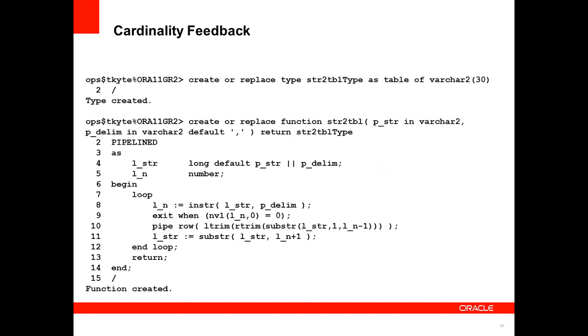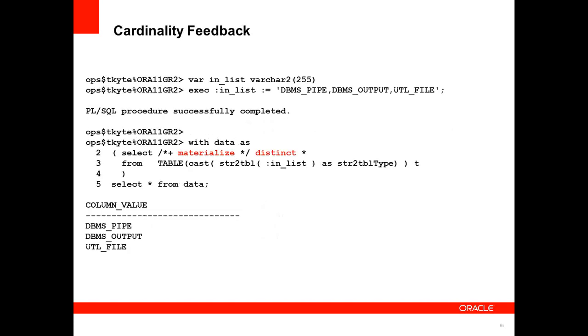Another one is cardinality feedback. This was introduced in 11g and is actually enhanced in version 12. Here's a popular function that I use frequently, and I know lots of other people do as well. It takes a string as an input and turns that comma delimited, that pipe delimited string into a set. And basically what it allows you to do is select star from the string.